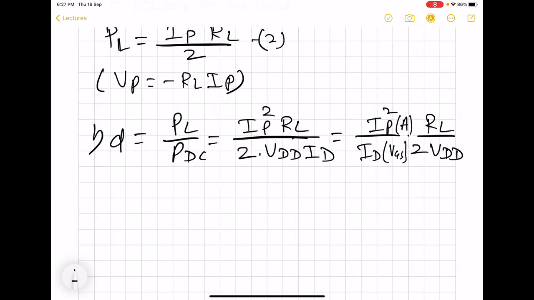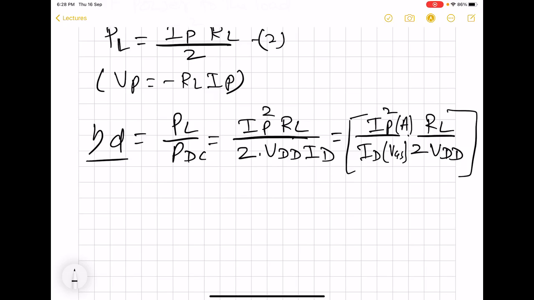So this is the general formula. Eta D, we see, depends upon the amplitude, depends upon VGS, and in fact, it also depends upon VDD. So in general, this is going to be the efficiency. Now we would like to see under which condition this can be increased.